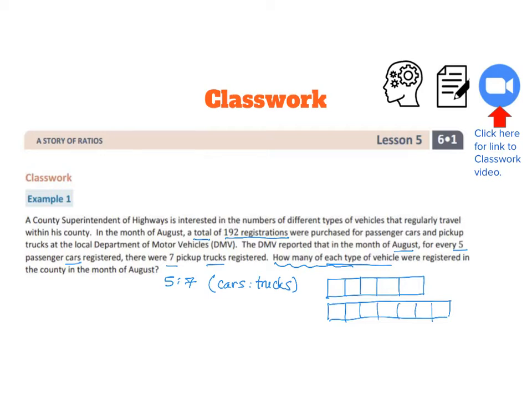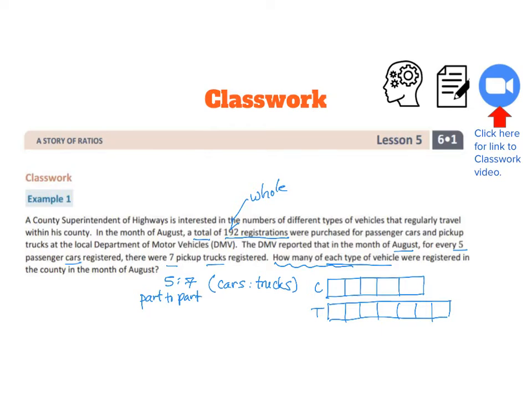So here's my cars and here's my trucks. Cars to trucks is a part to part. My whole that they told me was the total. This is my whole, my 192. So this is a part to part. Those two parts make up the whole.